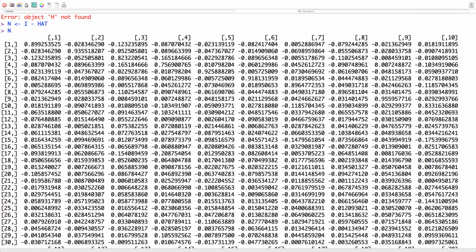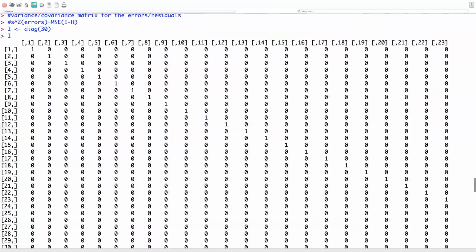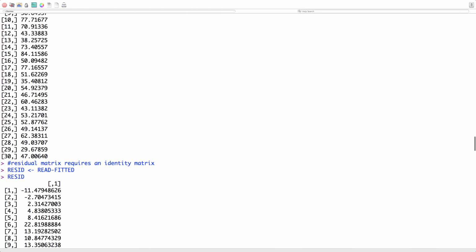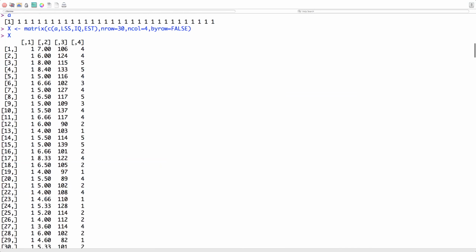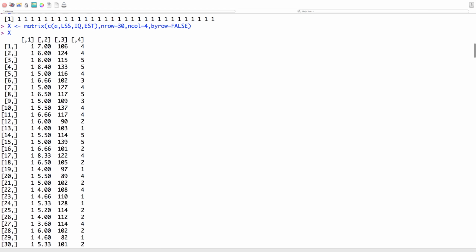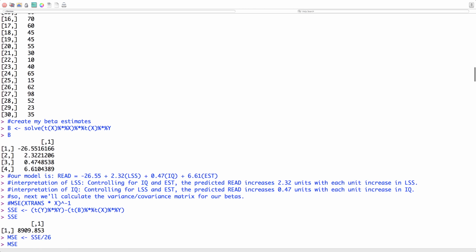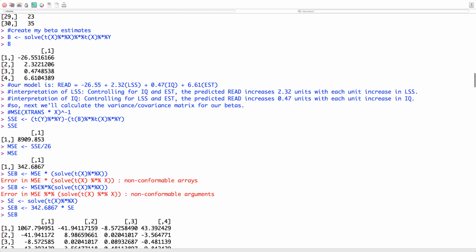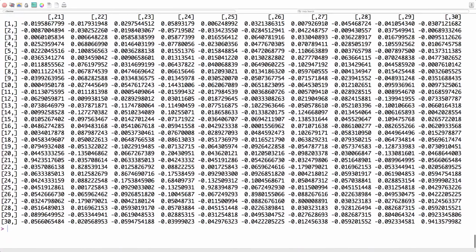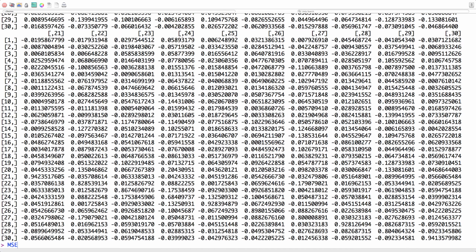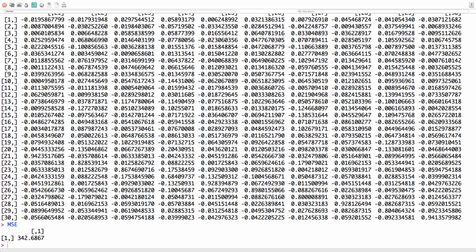Now, I've got to multiply that by the mean square error, and the mean square error was way back here someplace. So the mean square error was 342. Well, I really didn't need to go back there. All I need to do is just do mean square error, right?